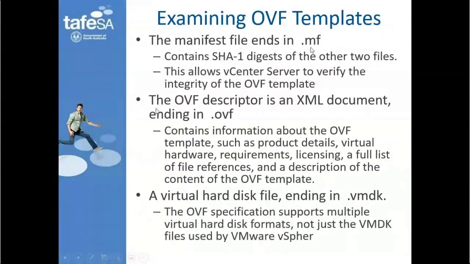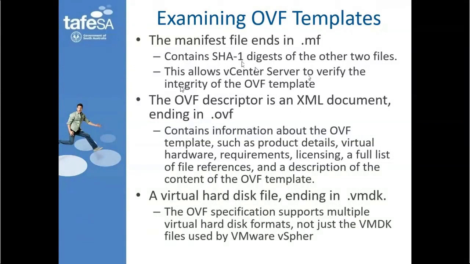Okay, so the manifest file has a .mf afterwards. This allows the vCenter service to verify the integrity of the files, it contains a SHA-1 digest.